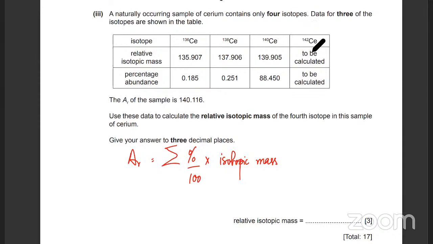I'm going to take that as X. Can anyone tell me what the percentage is? It's 11.114%. You can just subtract the other percentages from 100. After you apply this formula, you'll find what X is.